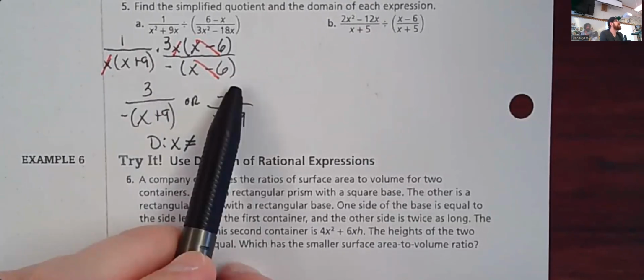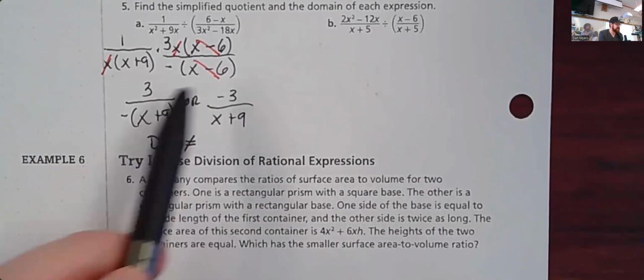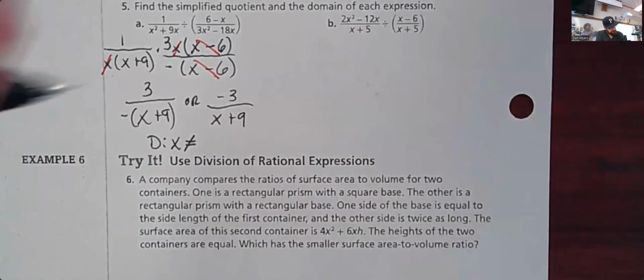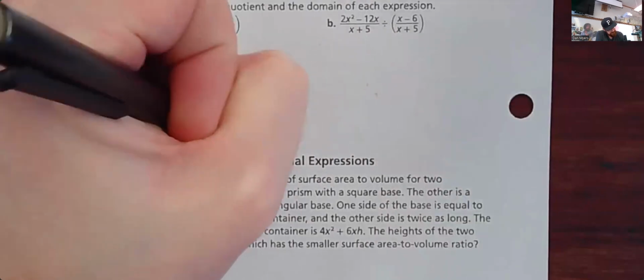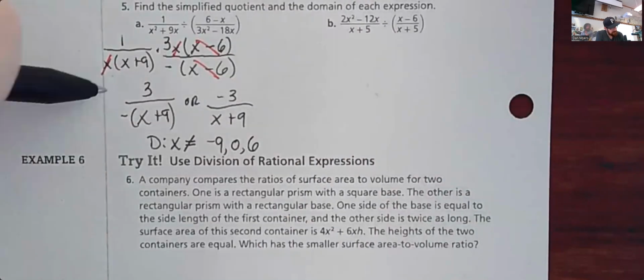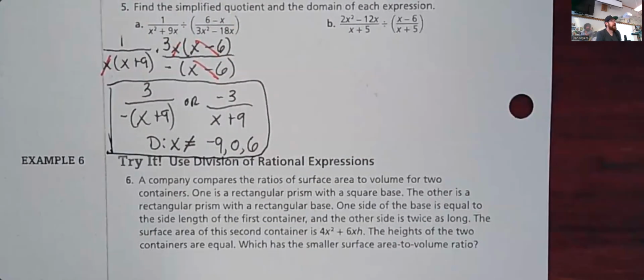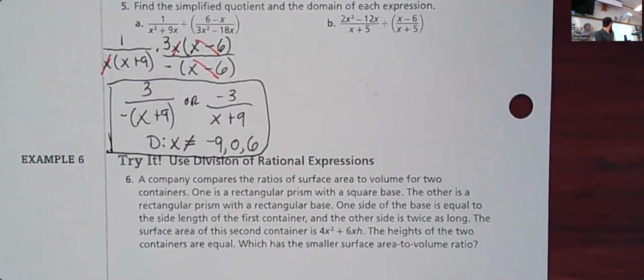Was it 6, 0, and negative 9? Yep. So negative 9, 0, and 6. Now, I will usually write these from least to greatest, but it doesn't actually matter. I just really like to create order to things that I'm doing. Yeah. How do we know?